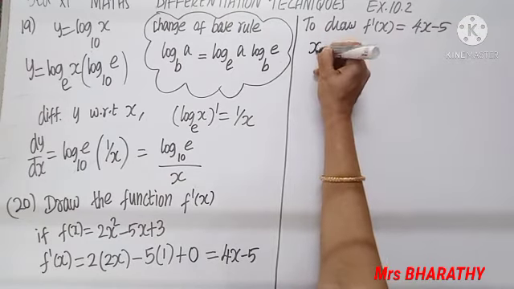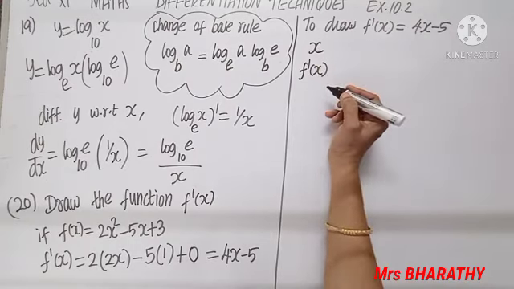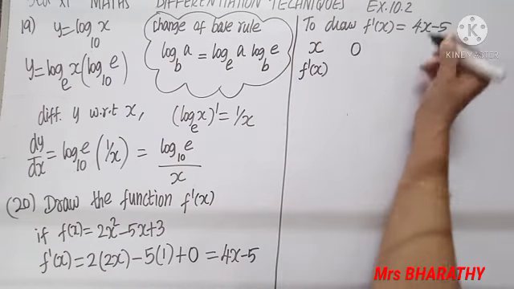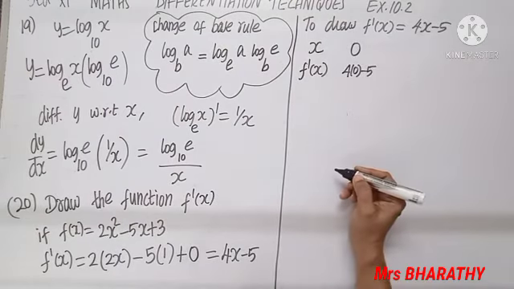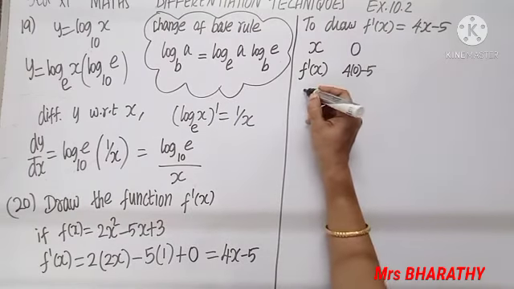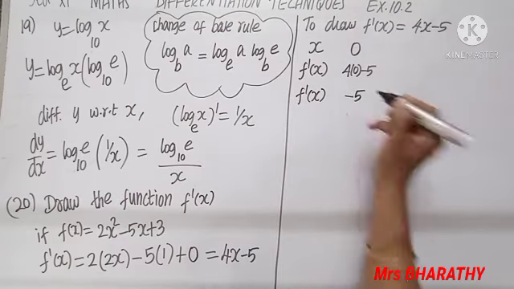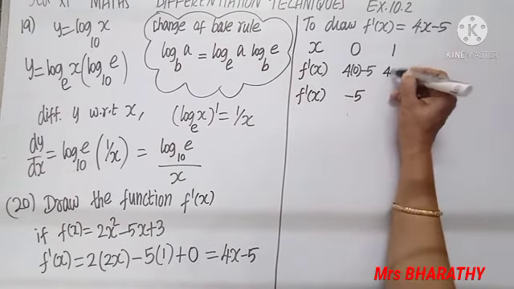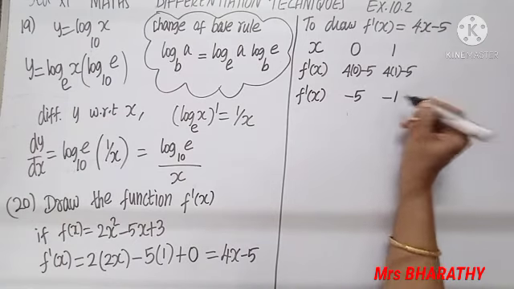Let us put some x values and find what is f dash of x. If I put x 0, I will get 4 into 0 minus 5. So what is my answer? It is 0 minus 5. I get minus 5. If I put 1, 4 into 1 minus 5, 4 minus 5, minus 1.